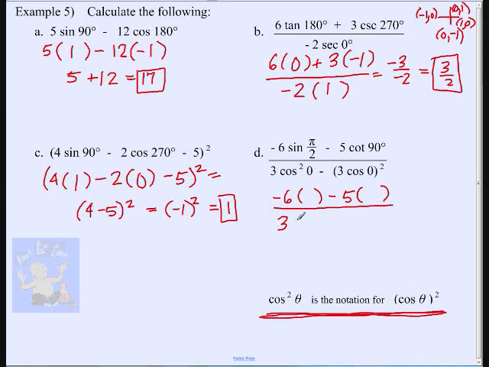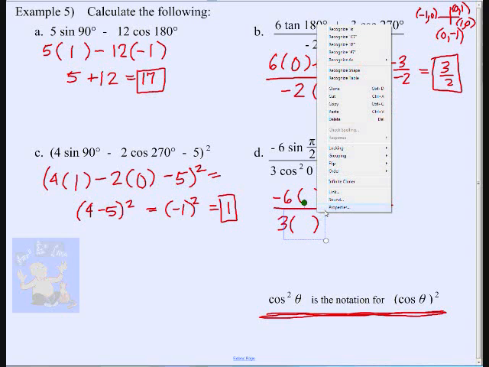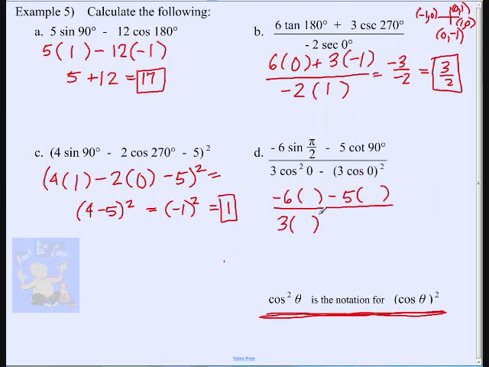Okay, so that's going to be whatever the cosine of 0 is. Oh, and we'll square that. Then we'll multiply by 3. This one, find that cosine of 0, multiply it by 3, and then square it. So we're getting a little practice here in order of operations.